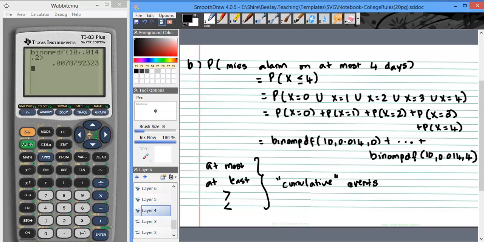In this particular problem we have x less than or equal to 4. I started at 0 and I'm adding everything up to 4. I am accumulating up to 4.